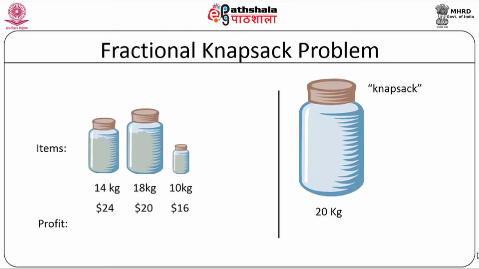So, the knapsack problem is we have to load the smaller items into the larger thing so that we can get maximum profit. This is the fractional knapsack problem. So, that means we can take a part of the item into the knapsack.